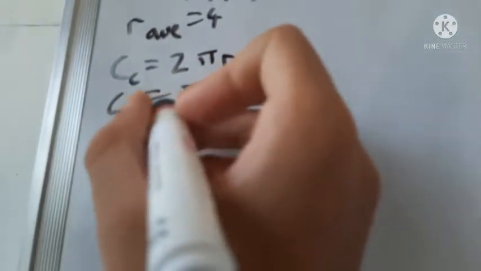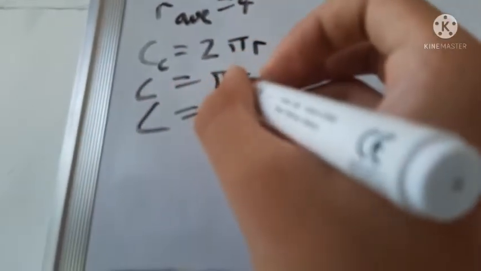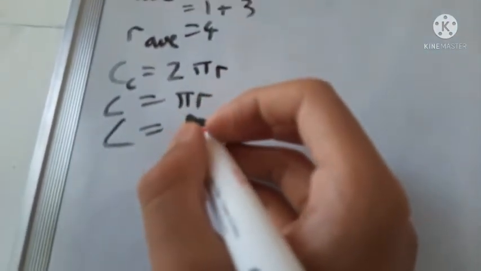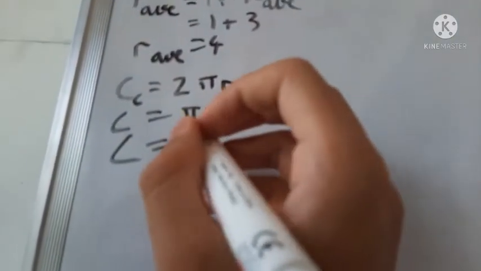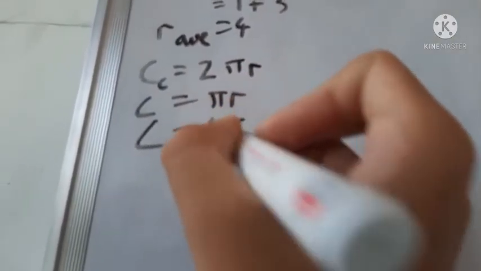And we have 75 trolls, so first we'll say C is pi times r. Well, r is 4. By r we mean r average, so 4 pi.